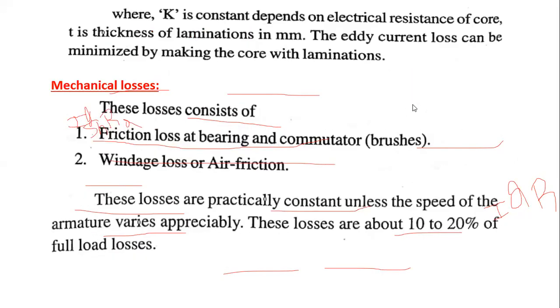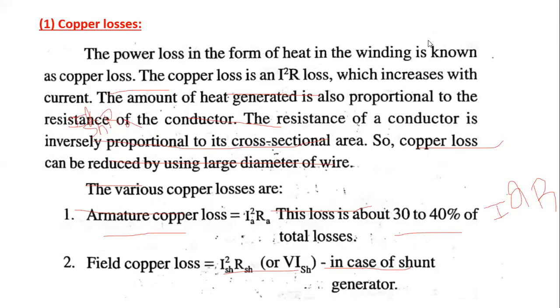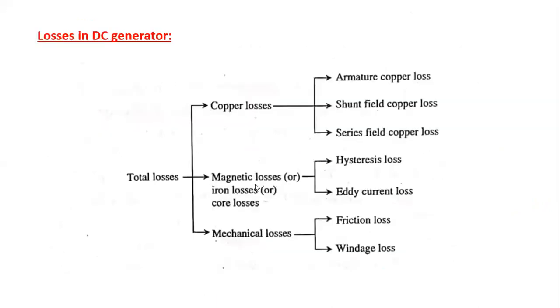Understand first of all how many types of losses there are: mechanical losses, iron losses, and copper losses. The copper losses we again divided into three parts: armature copper losses, shunt field copper losses, and series field copper losses.